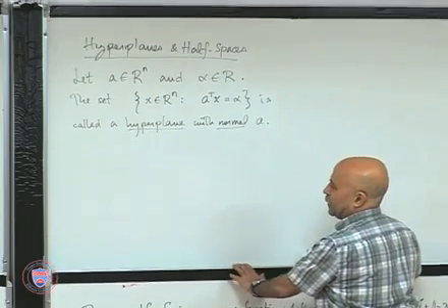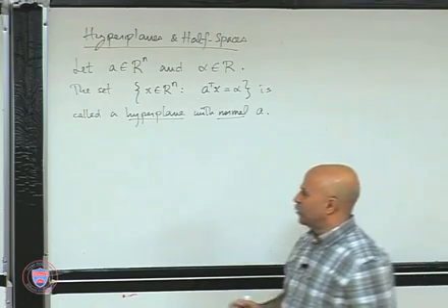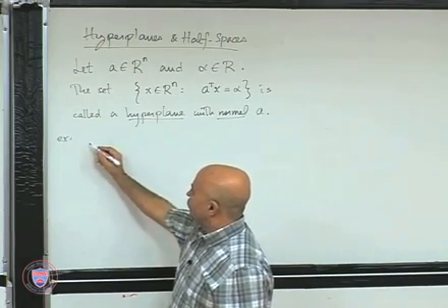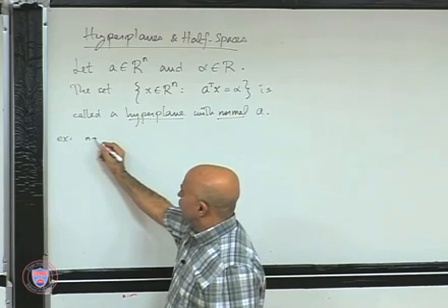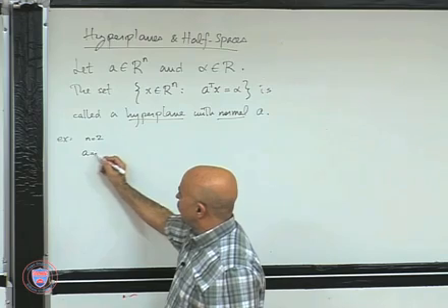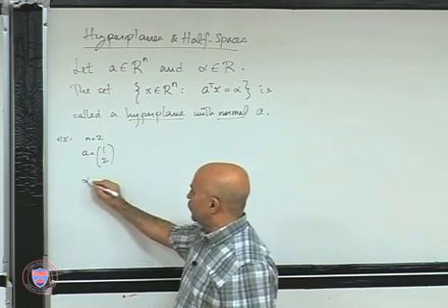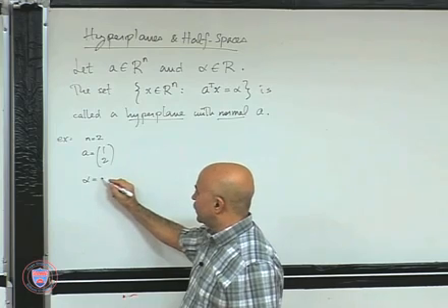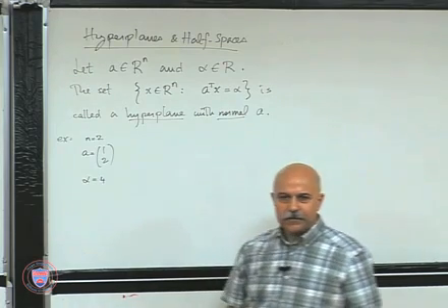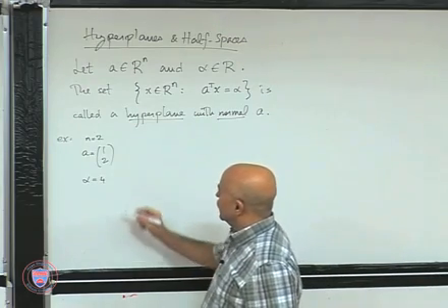Now, this looks complicated, but when you actually look at examples, it becomes quite simple. Let's take, for example, two-dimensional space with A being the vector, say 1, 2. Pick a number for alpha, say 4. Now, what set am I looking at?